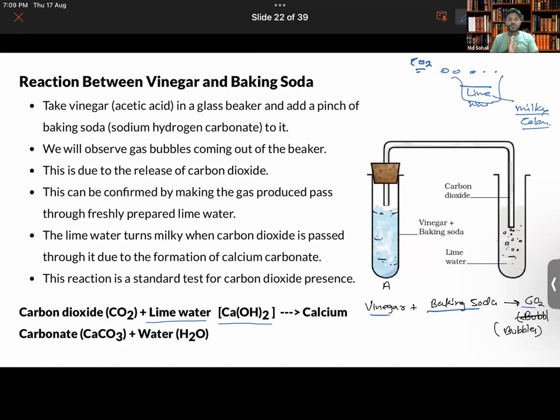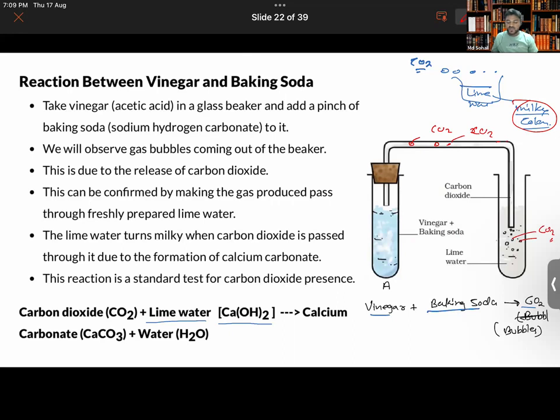Now, what will happen in this activity? We will prove how the color changes to milky. We are passing carbon dioxide gas via this hollow tube into test tube number B. As soon as it enters here, these are the bubbles of carbon dioxide gas.